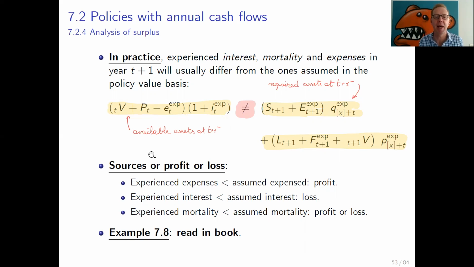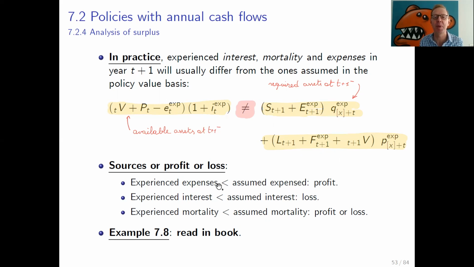For instance, if the experienced expenses are smaller than the assumed expenses, what will happen then? What will be available here will be more, because the experienced expenses are lower, so the available assets will increase. And here, the experienced expenses are lower, which means we will need less.